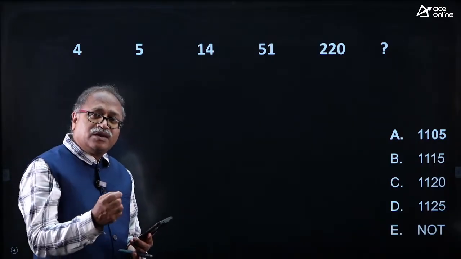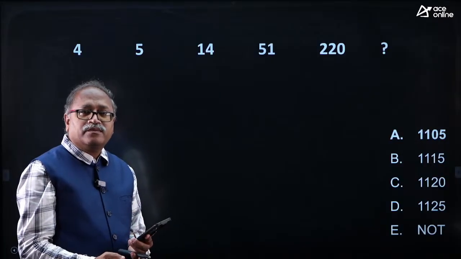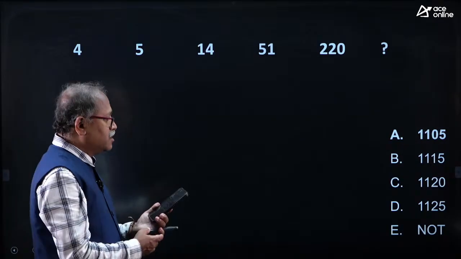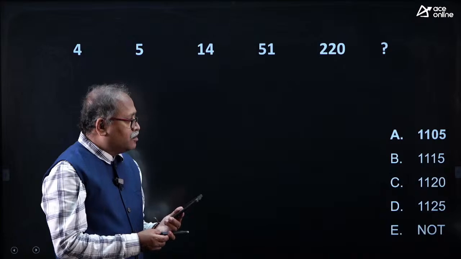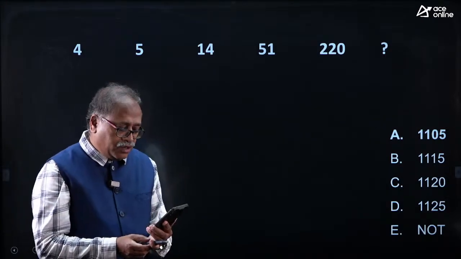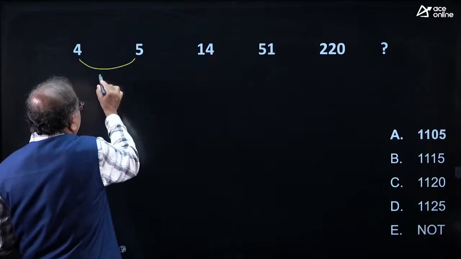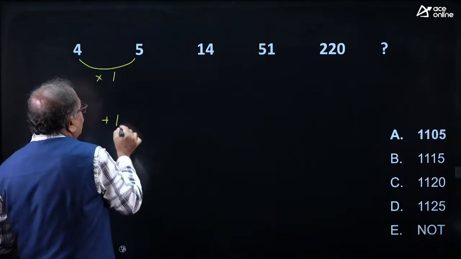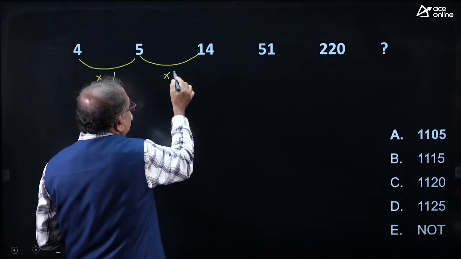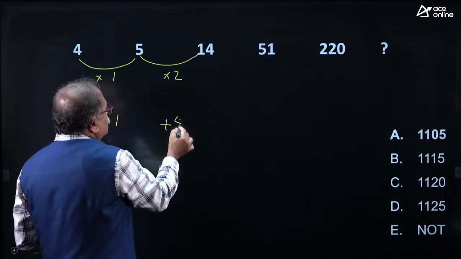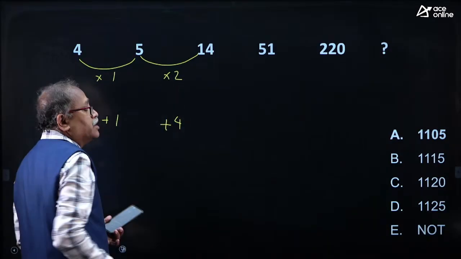Is it 1 square, 2 square? Is it something like that? I am not sure of it, but still you can think about in that angle. Because the moment I got over here, that is into 1 plus 1, and I am getting here into 2 plus 4. So, that is 1 square is 1, 2 square is 4.